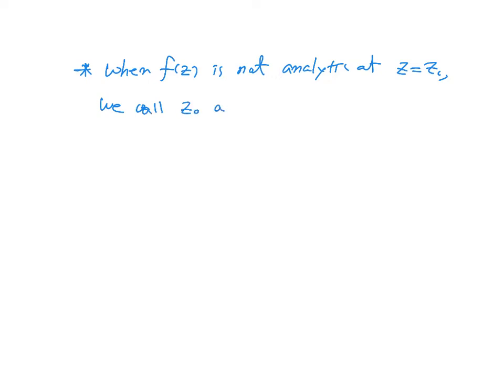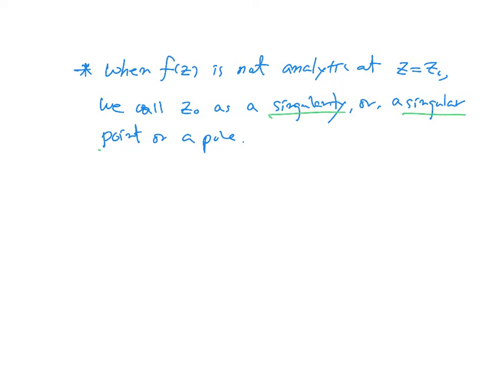So when f z is not analytic at z equals z naught, we call z naught a singularity or a singular point or a pole. The same meaning. Point or pole.